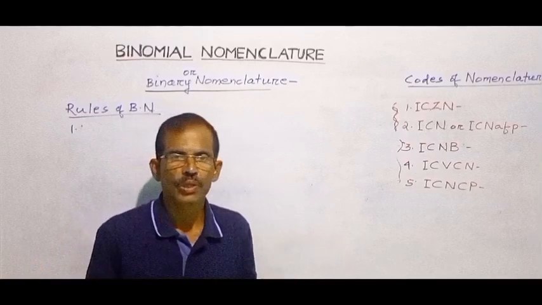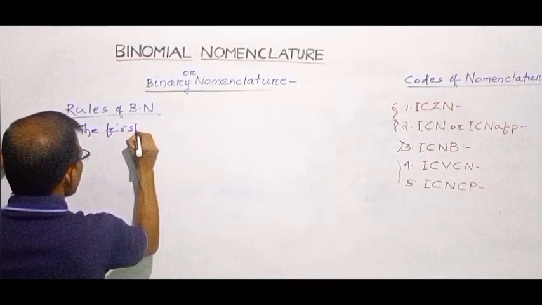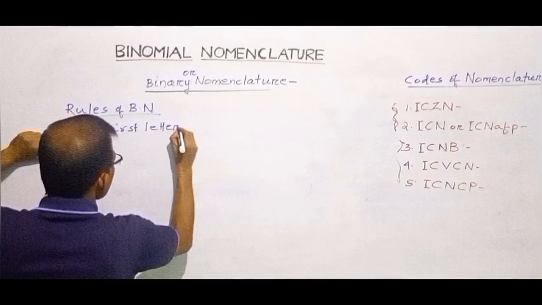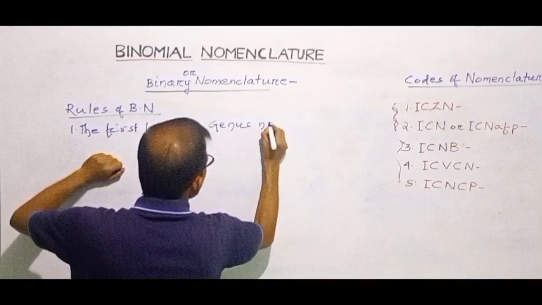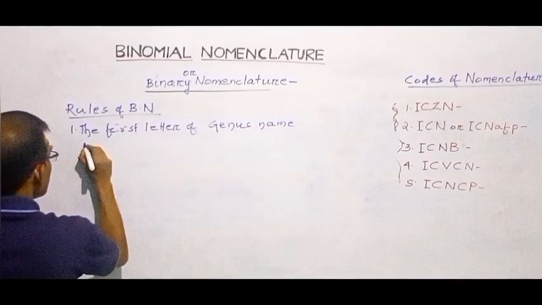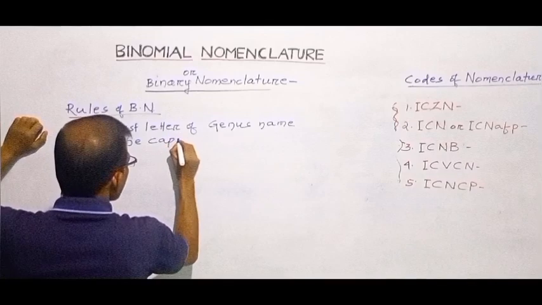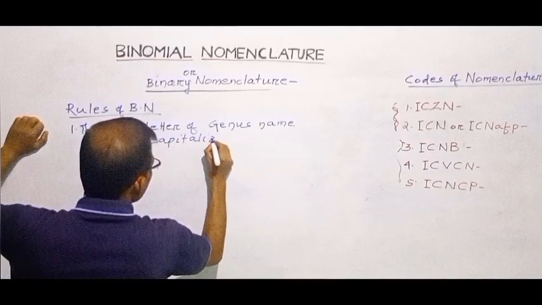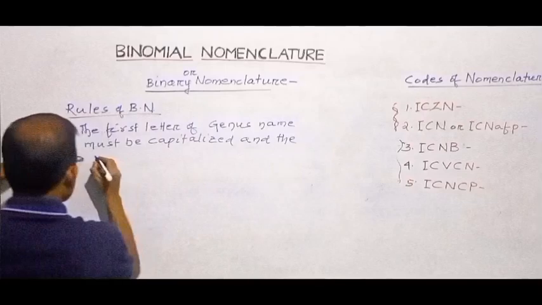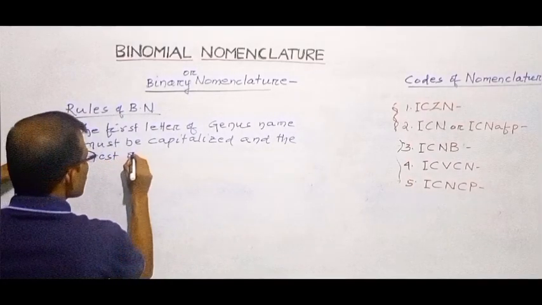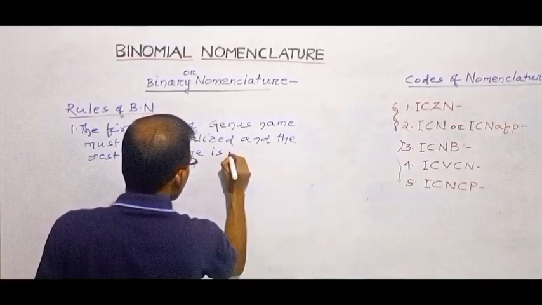Rules of binomial nomenclature. Number one, the first letter of the genus name must be capitalized, and the rest of the name is in lowercase.